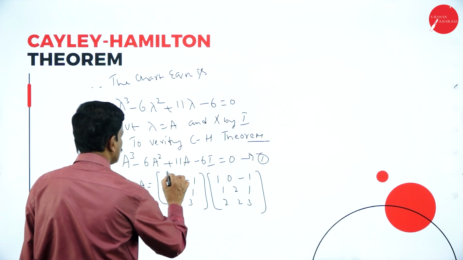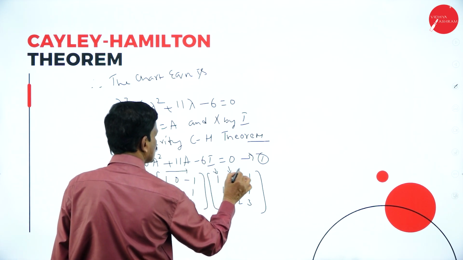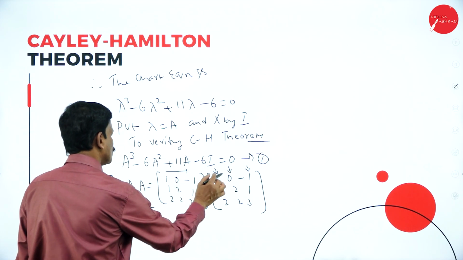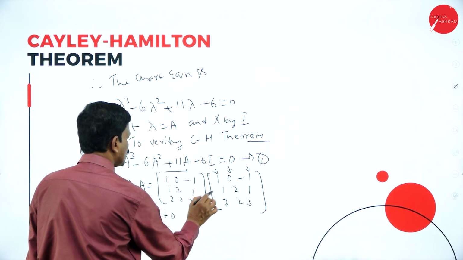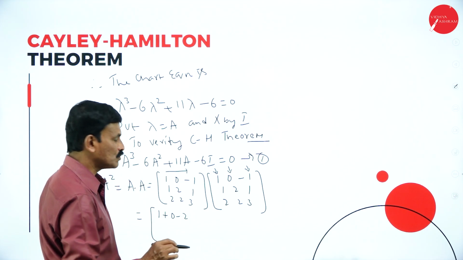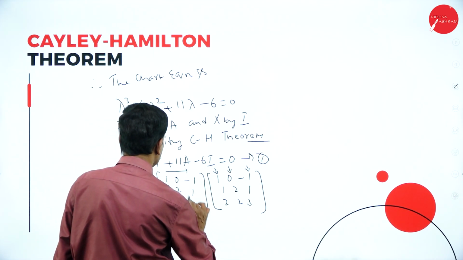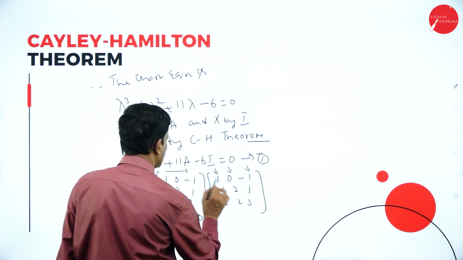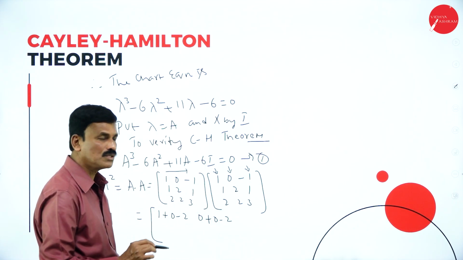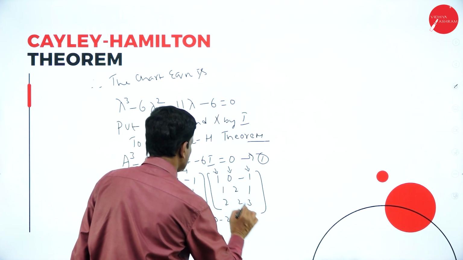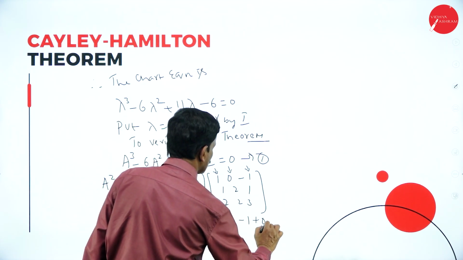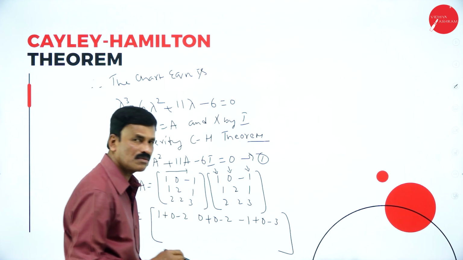First row, first column: 1 into 1 is 1, 0 into 1 is 0, minus 1 into 2 is minus 2. Second column: 0, 0 into 2 is 0, minus 1 into 2 is minus 2. Last column: 1 into minus 1 is minus 1, plus 0, minus 1 into 3 is minus 3. This is the first row.